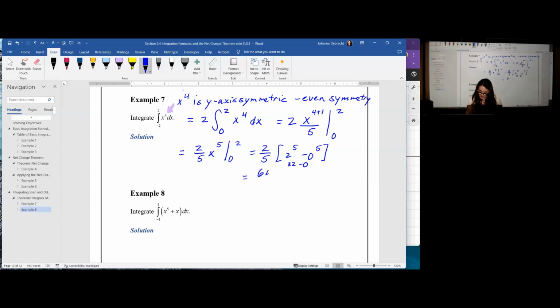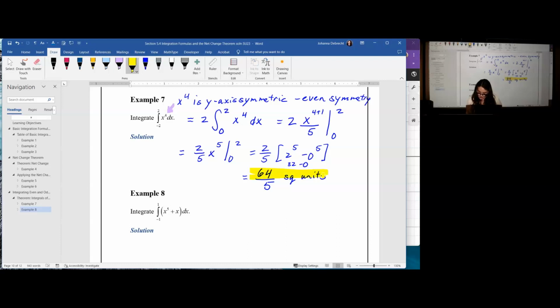And when I multiply, this gives me 64 over 5. Now, the 64 over 5 represents the area between the graph of x to the 4th and the x-axis between x equal -2 and 2. This is, of course, square units.